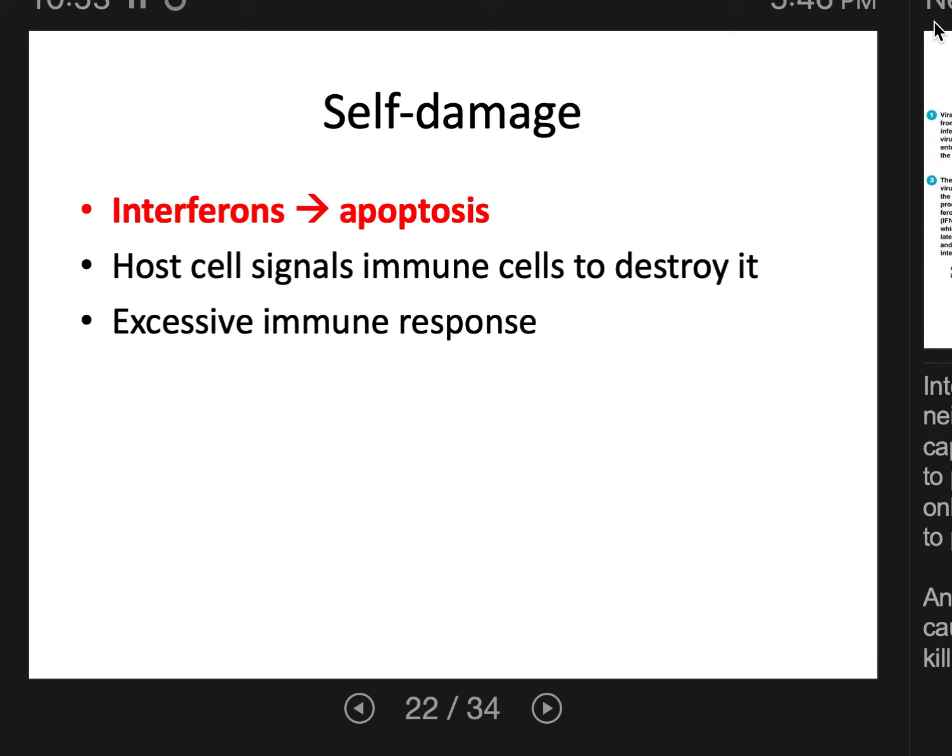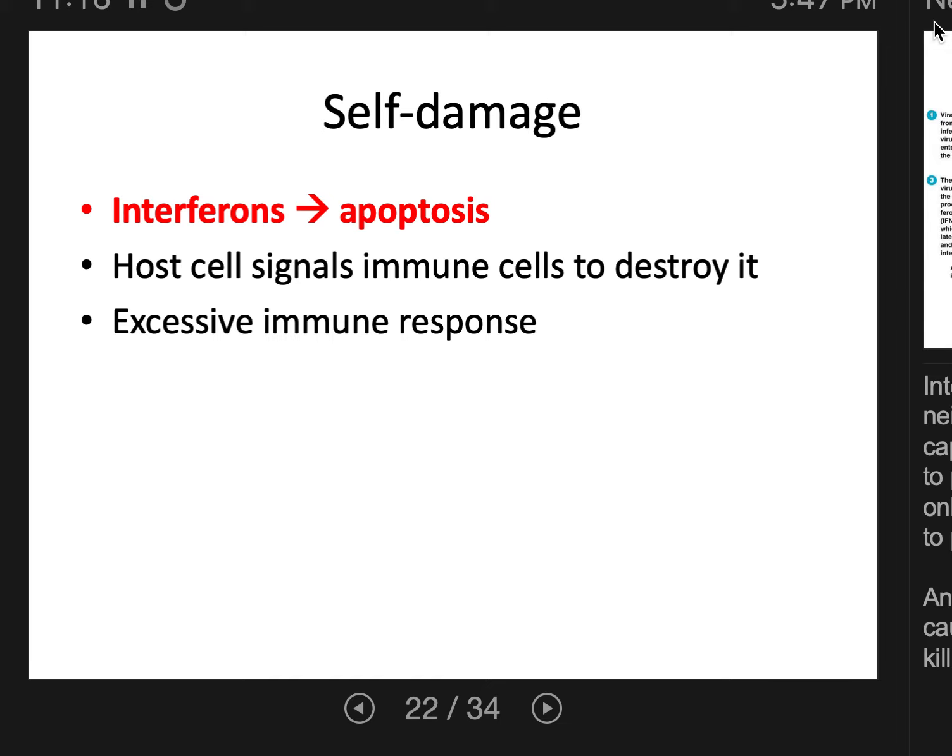So when your cells have a viral infection, they release interferons. The interferons shut down transcription translation in the virus-infected cell and in all the neighboring cells. Now, that's great to prevent the virus from replicating, but it also kills your own cell because your own cell needs transcription translation to live. Your cells need to make proteins to survive, right?